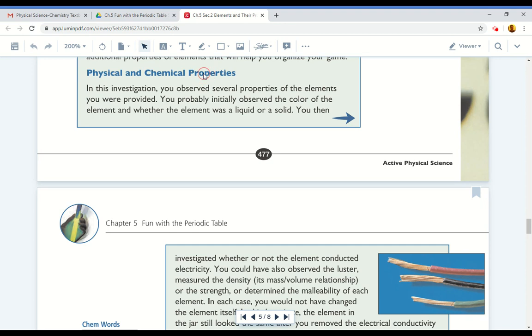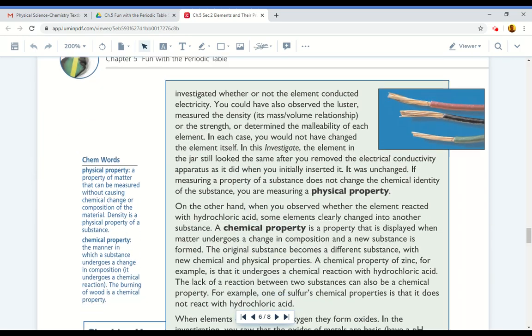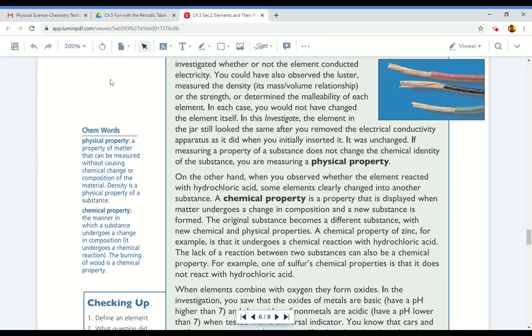Physical and chemical properties. In this investigation, you observed several properties of the elements you were provided. You probably initially observed the color of the element and whether the element was a liquid or a solid. You then investigated whether or not the element conducted electricity. You could have also observed the luster, measured the density or the strength, or determined the malleability of each element.